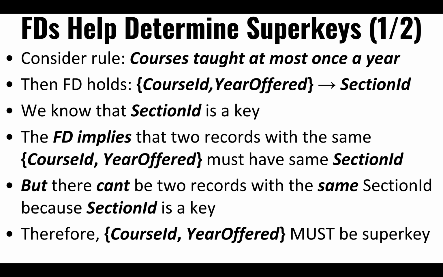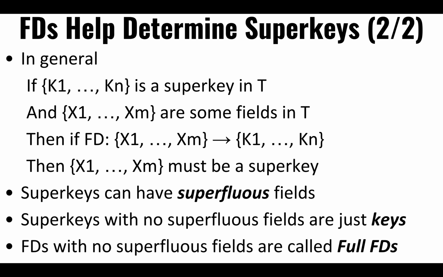So the minimum set of fields that make us unique is called just plain old key, right? The key. A superkey might have fields that are superfluous, that don't make us any more unique.